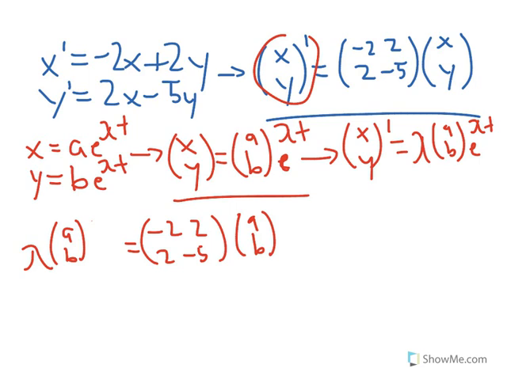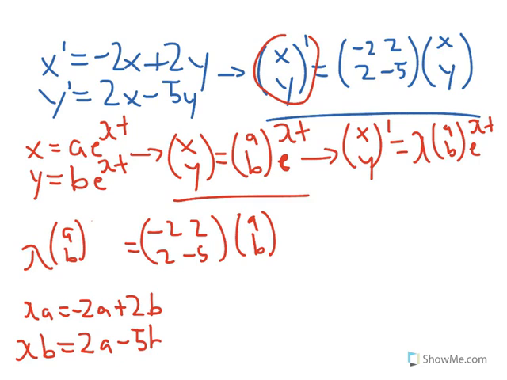Now from this step, there are two ways to think about it. I will do the explicit way first and the linear algebra way next. We can multiply these out to get our actual linear equations, so we get lambda a equals negative 2a plus 2b, and the second equation would be lambda b equals 2a minus 5b.